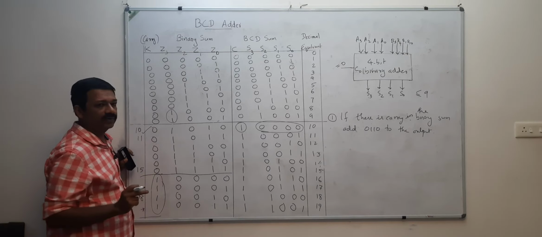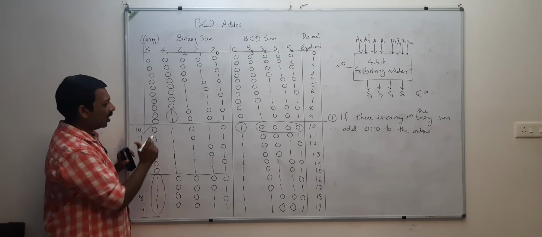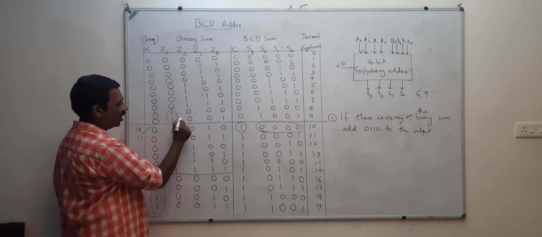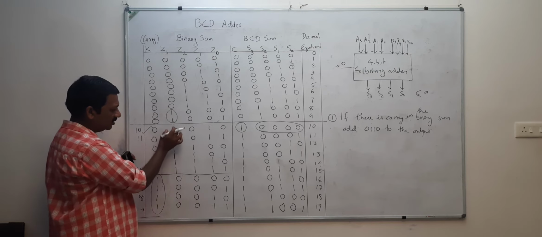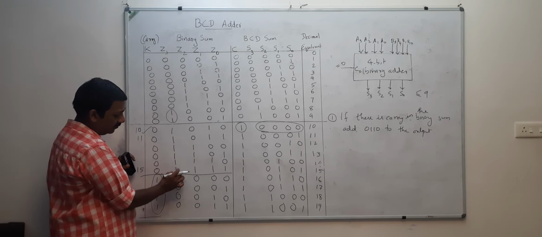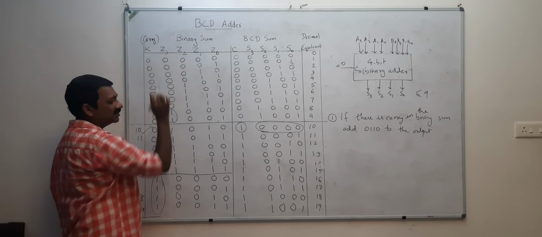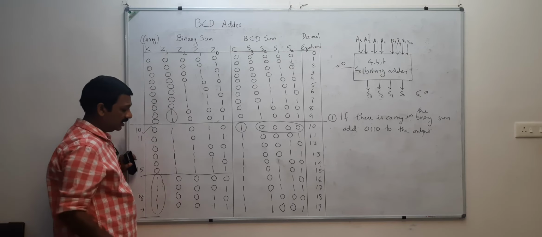So you have to exclude these two cases. That means wherever there are ones in Z3, you have to make the addition, but you have to exclude these two. So see the difference between these two and these.